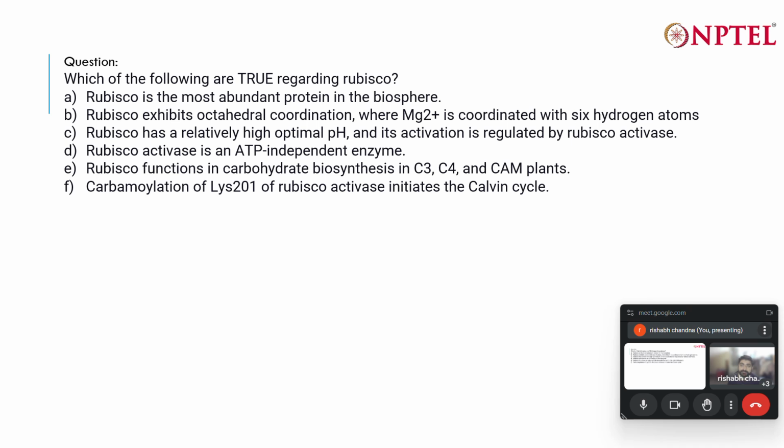Option A, C, E. A, C, E. Any more answers?